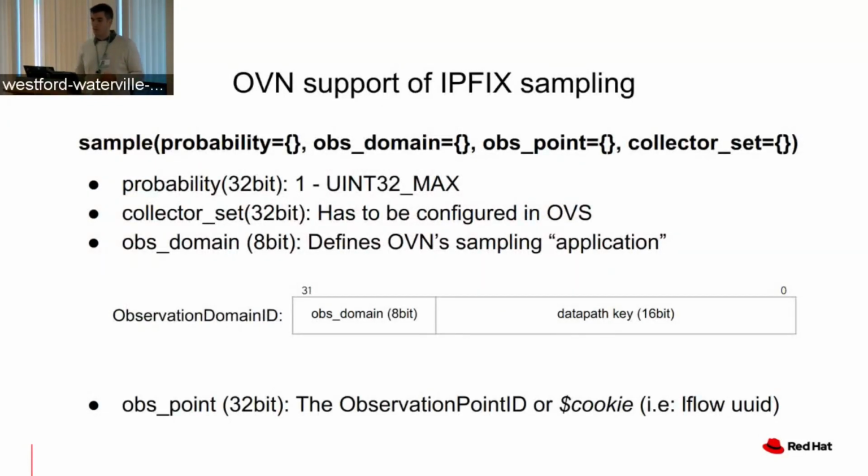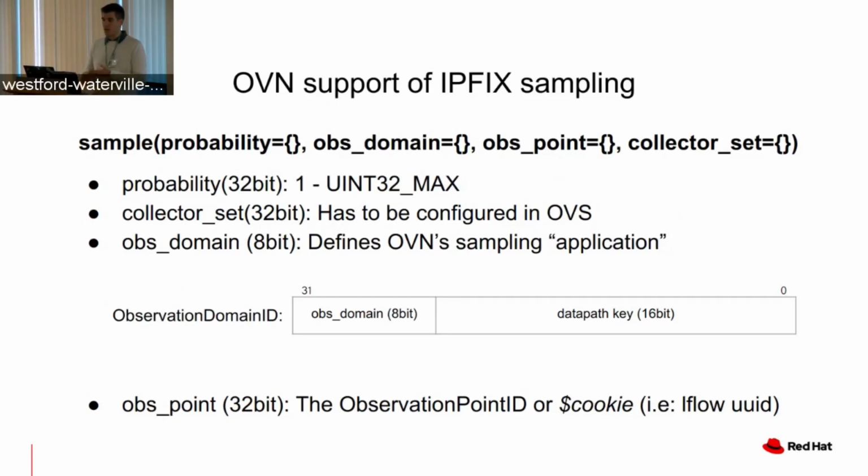OVN support of IPFIX. This is the sample action, the OVN sample action, not to be confused with the OpenFlow sample action that we saw before. So the OVN sample action is being introduced in OVN. The patches are on the list, and it essentially has some parameters.